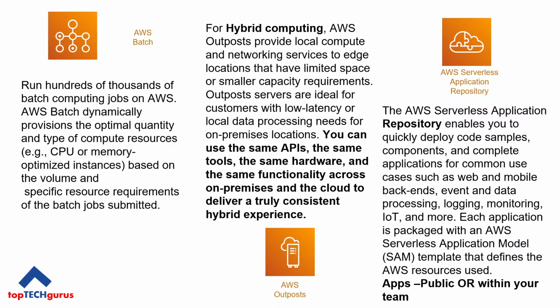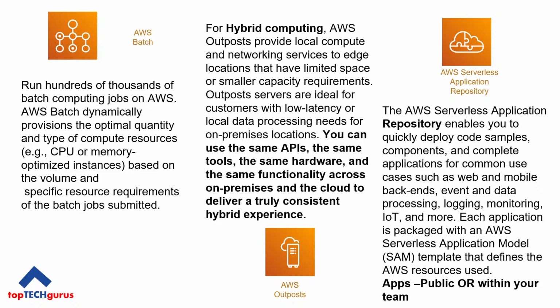AWS Batch is, as the example says, for running batch workloads. The biggest difference is if you want to set up an EC2 instance and then run your batch, you'll have to make sure you have the right type of EC2 instance, set that up, provision that, launch it, connect to it, and then run your workloads.